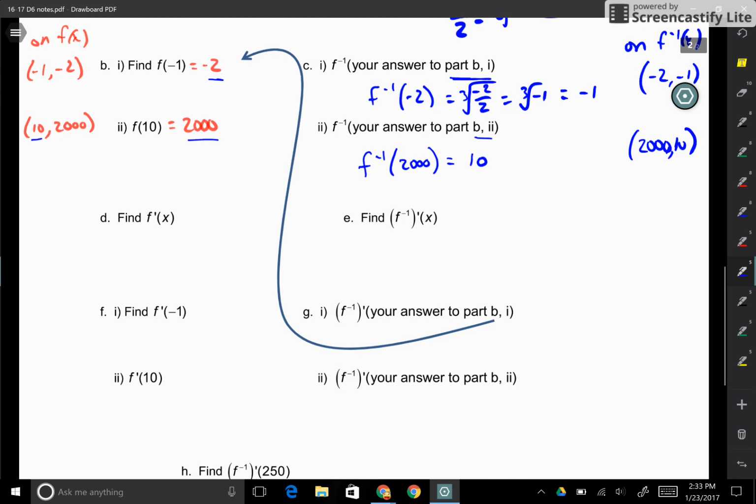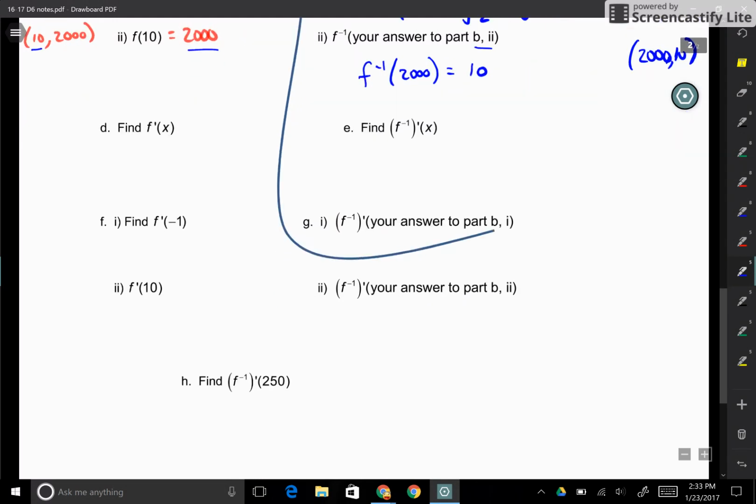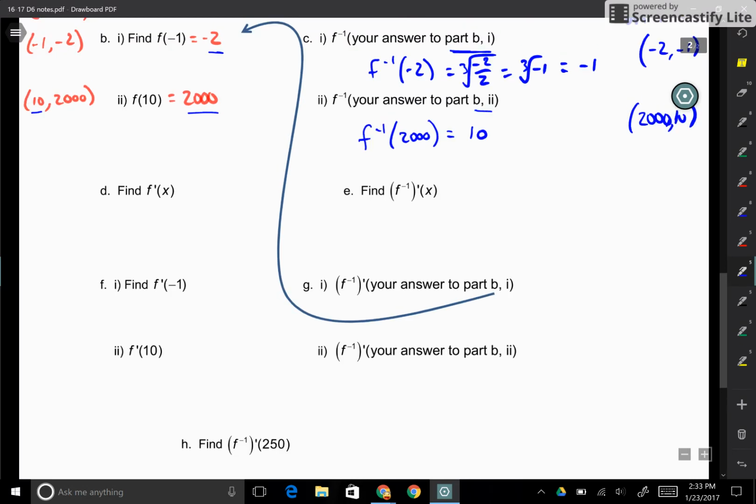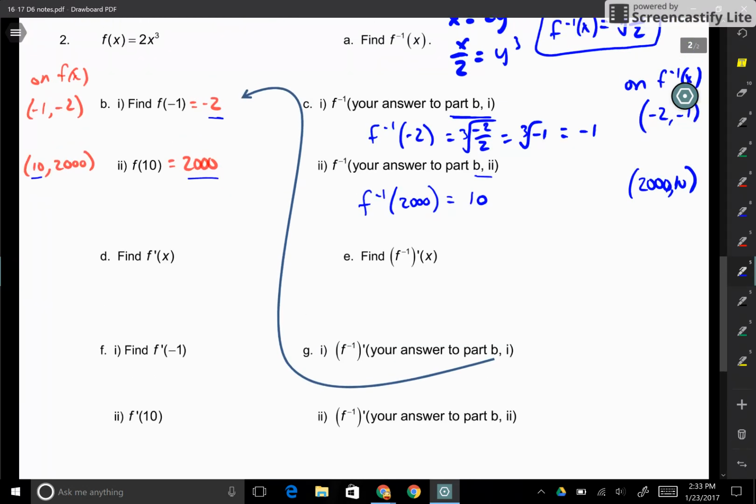We're ultimately trying to figure out f inverse prime of those values. And down here, you'll notice I threw in a 250 that had nothing to do with anybody. So let's see what happens with this. f prime of x. We'll take our derivative, go back to red. This would be 6x squared. f inverse prime of x is going to be a little more of a challenge.